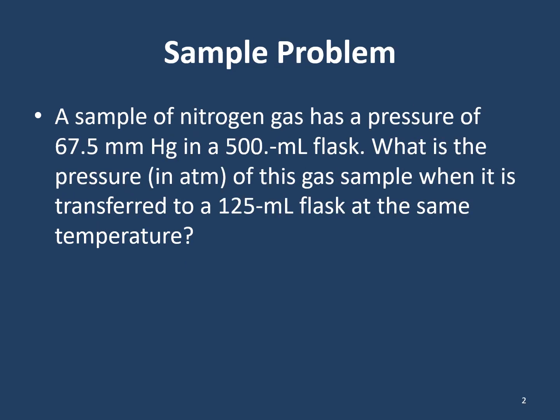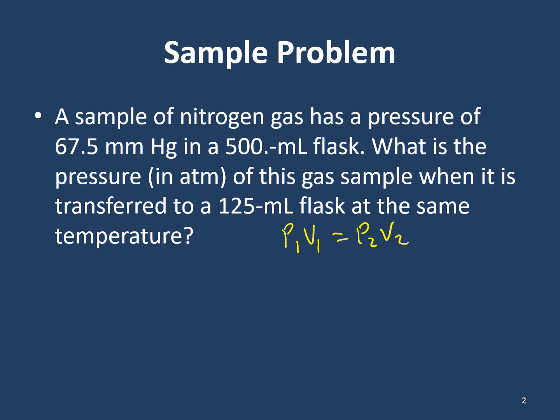So let's do an example problem. We have a sample of nitrogen gas, and it has a pressure of 67.5 millimeters mercury in a 500 milliliter flask. What is the pressure in atmospheres of this gas when it is transferred to a 125 milliliter flask at the same temperature? So we have our equation, P1V1 is equal to P2V2.